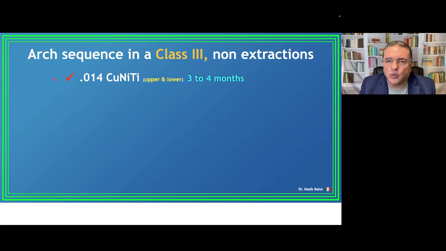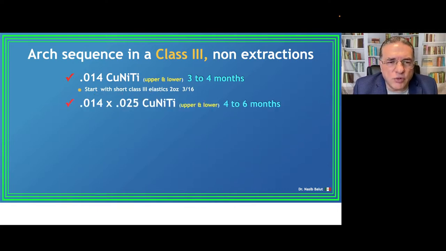They can even eat with them. And if they cannot, I just tell them to take them out to eat. But usually they can even eat with them. So I use short class 3 elastics, 2 ounces, 3/16.